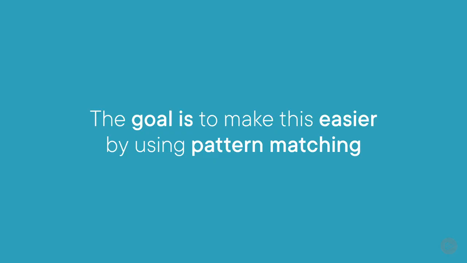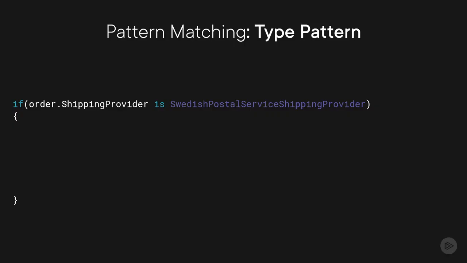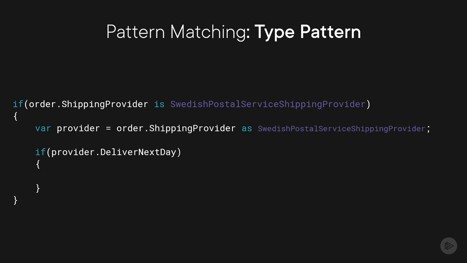With pattern matching, this becomes easier. The if statement isn't extremely complex at this point. But what if we'd like to check a property that only exists on the provider? Then, all of a sudden, you'd end up with a nested if statement.